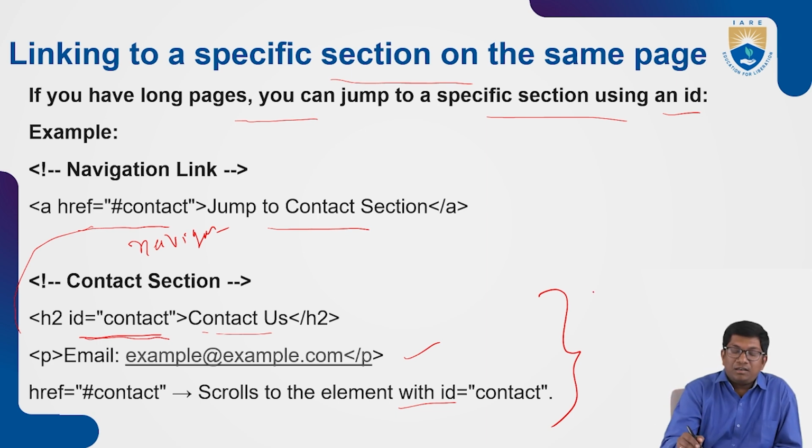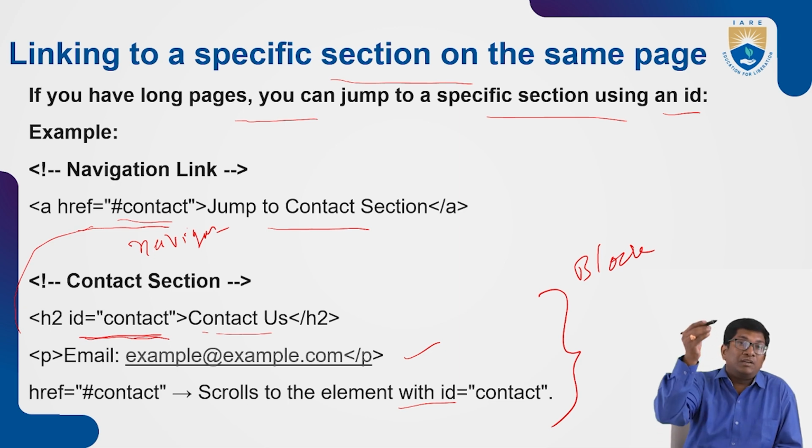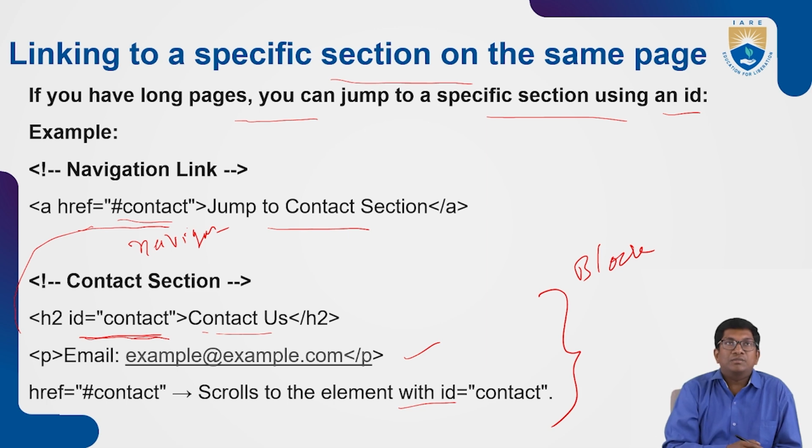This entire block we are calling with the name contact, simply giving the tag ID is equal to contact. Wherever you need, you can give the simple link using #contact. How will you write it? A tag, href is equal to #contact. That means it represents this contact within the page, and displays that content, or moves to that section. Okay. So that is the use of linking to a specific section on the same page.